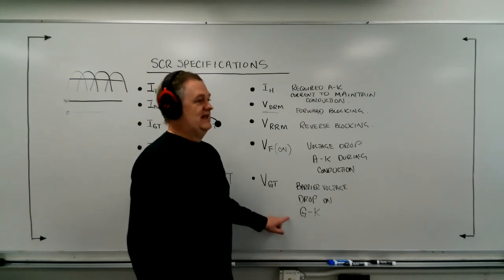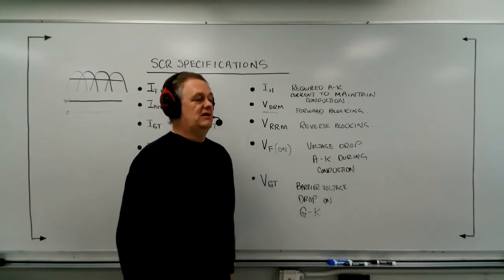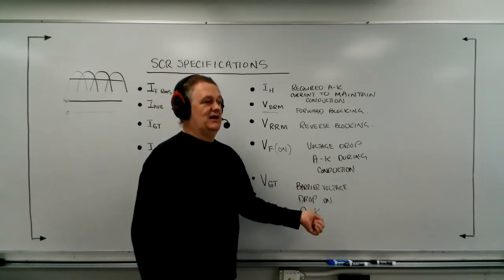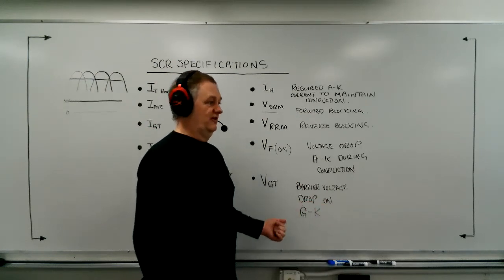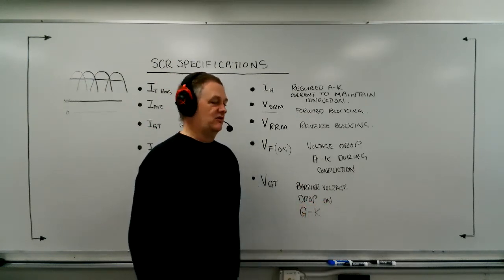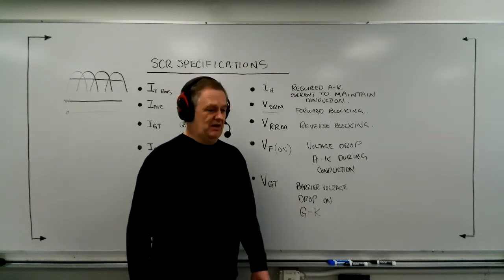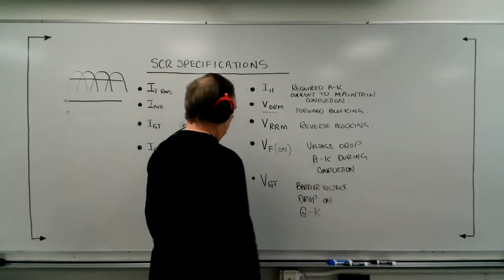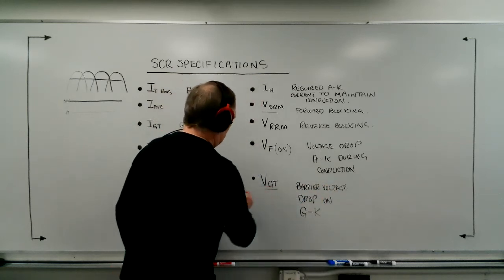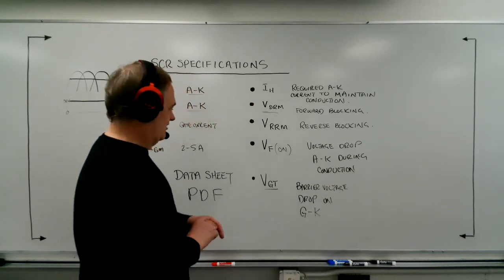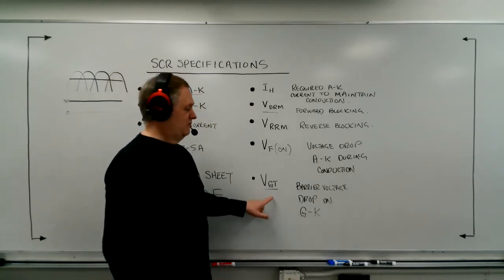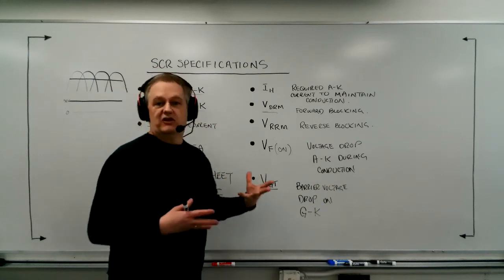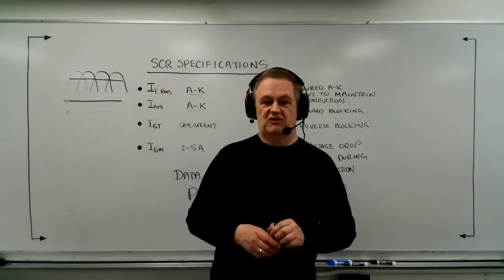The gate is never intended to actually handle reverse current. And so typically what happens if there's any mistake in the circuit and any voltage is applied in reverse on the gate, or you get any current flowing backwards through the gate, typically it just blows the gate up. And so the gate current really needs to go from the gate to the cathode. And this would be the amount of voltage drop. And this would be actually part of the trigger circuit. Because remember, that is the trigger pulse going into the gate that's going to turn this SCR on, okay?